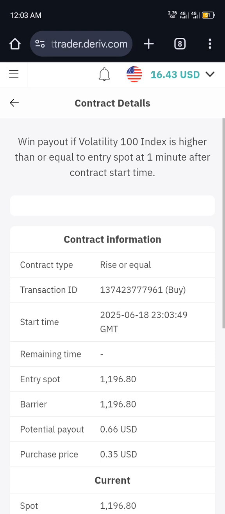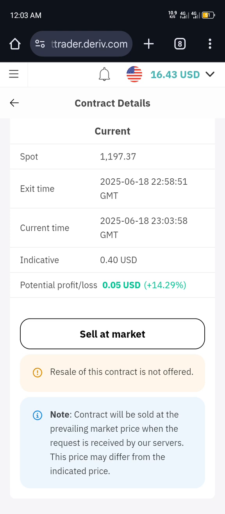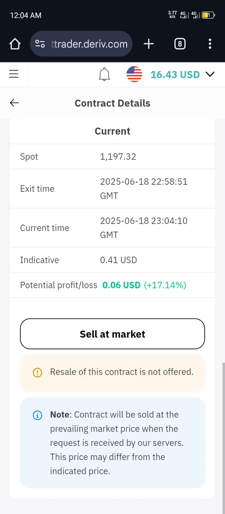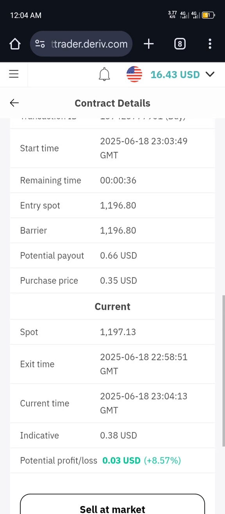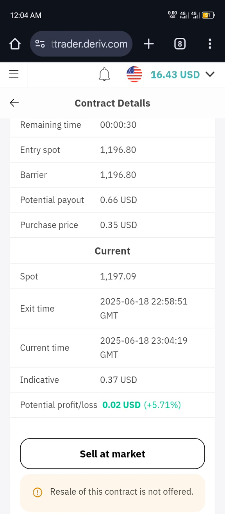Let's see if that signal will sustain, although we didn't meet it on time. It's going in our favor. It has reached my take profit.